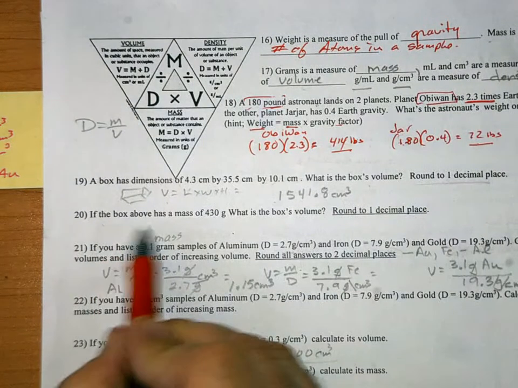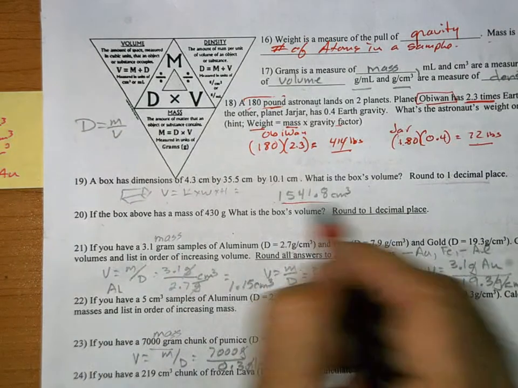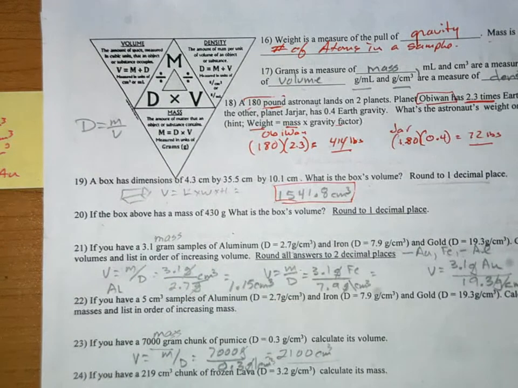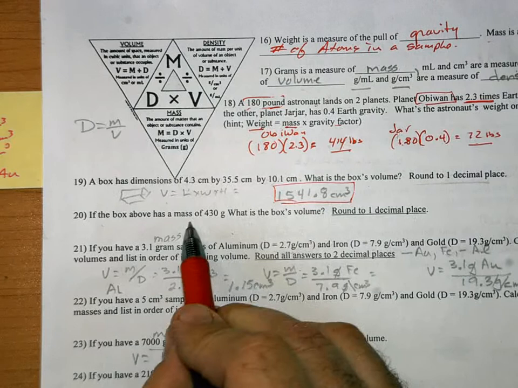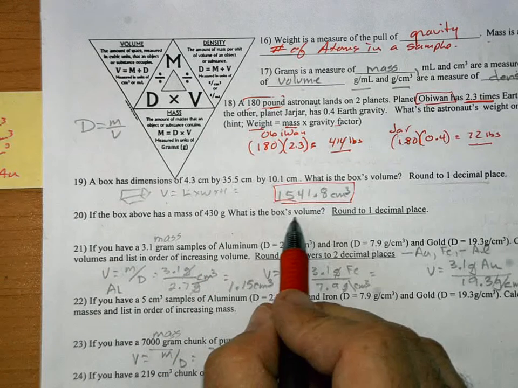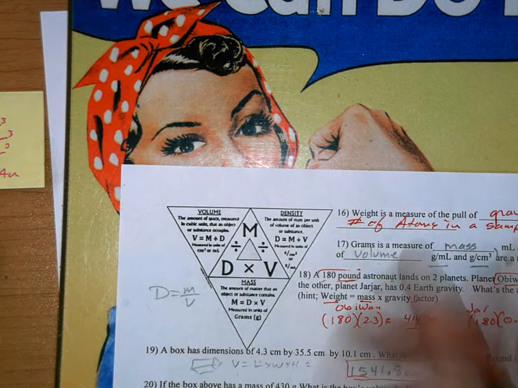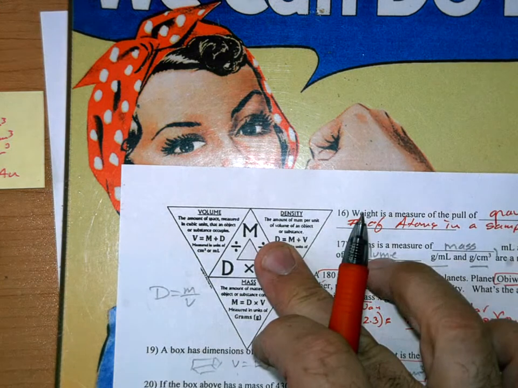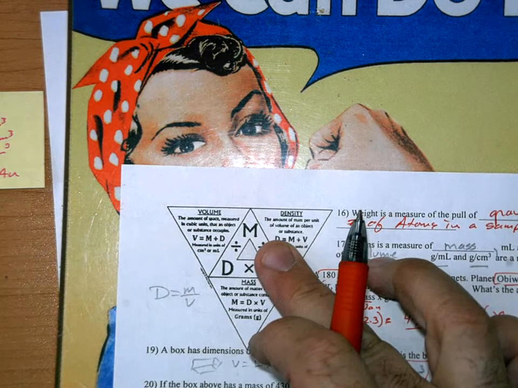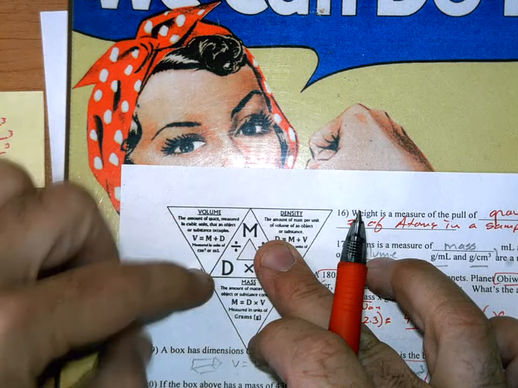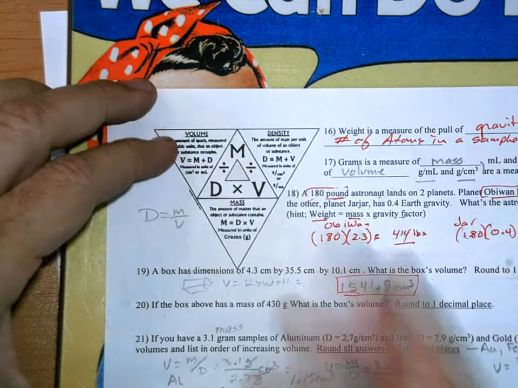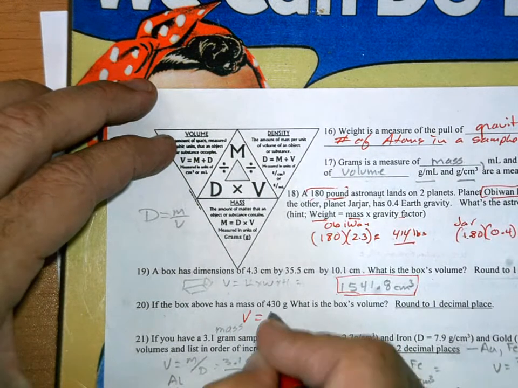If the box above, the one that we figured out before, what's the box's volume? Now, we've got this really cool equation triangle. We're looking for volume. You cover up the volume on an equation triangle, and it is going to be mass divided by density. So, volume equals mass over density.